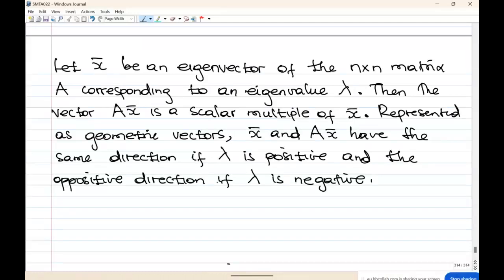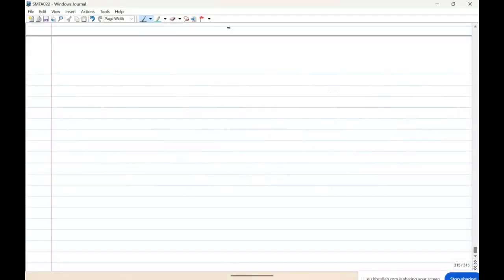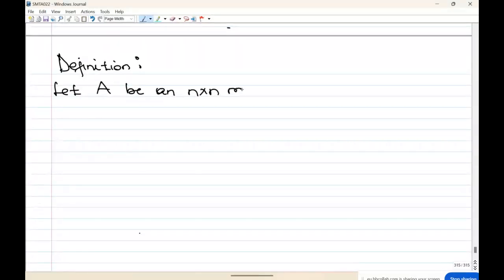So now let's take the definition of eigenvalue and eigenvectors. Let me take this one, it's a little bit clearer. The definition: let A be an n by n matrix.